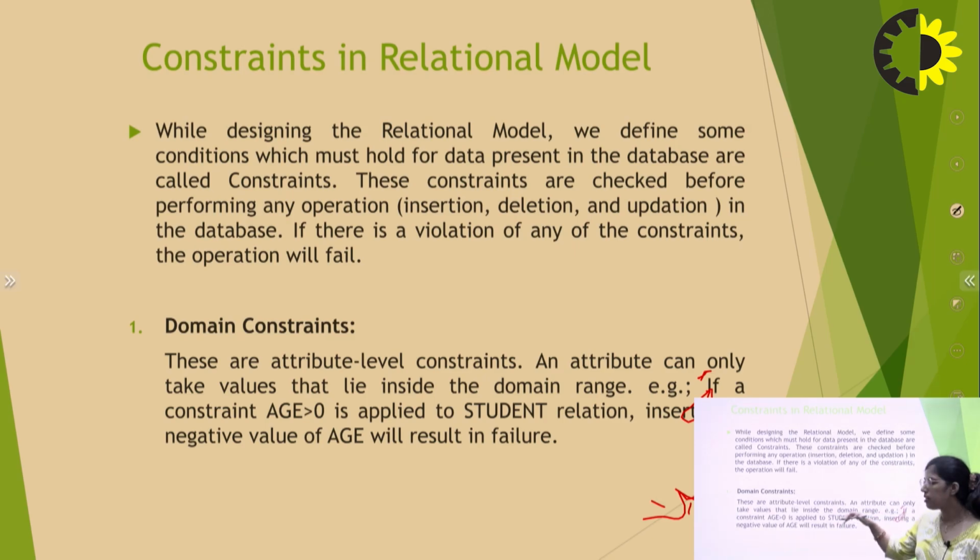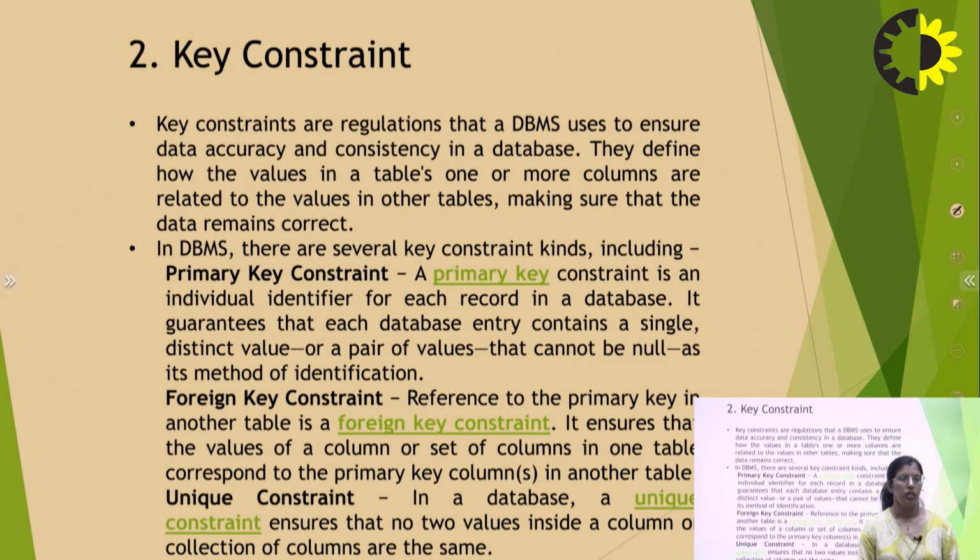So in this student relation, the age cannot have negative value or 0 as a value. If the user inputs the 0 or negative value, the operation will fail and an error message is shown on the screen. Second is key constraint.